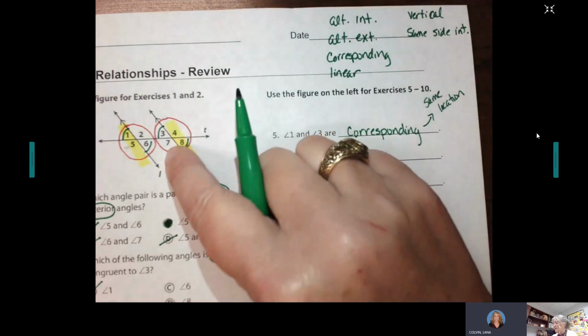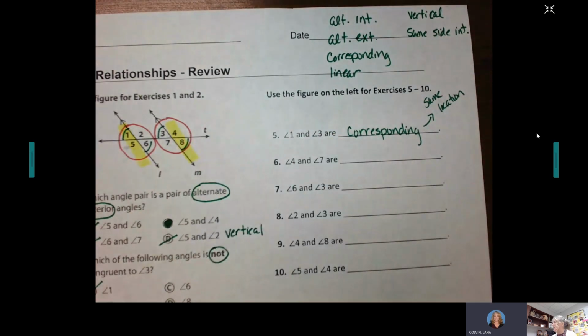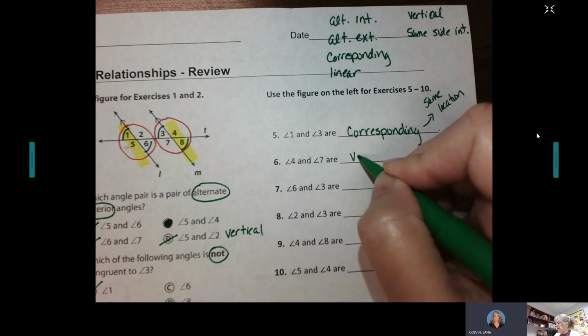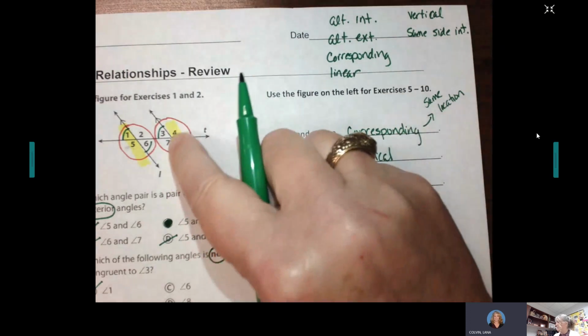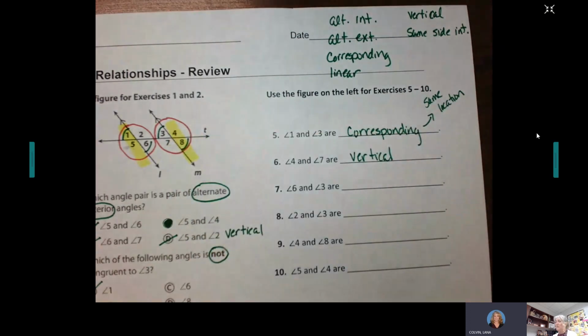Well, this one's exterior, but this one's interior, so it can't be either alternate. They're not linear. Vertical is on the diagonal. These are vertical angles. They're on the diagonal from each other.